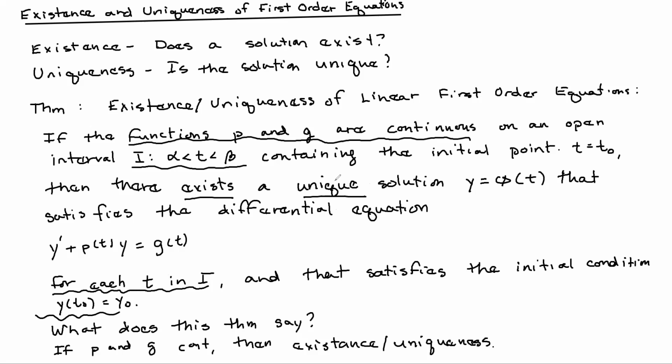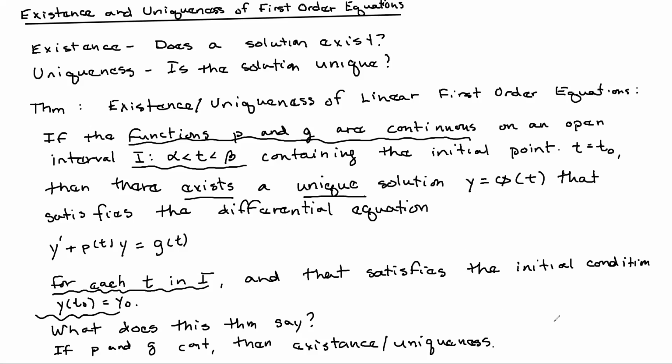As long as the initial point is inside of the interval, then at every point in the interval, there's guaranteed to be a unique solution. So not just one, but at every point. That's a stronger statement, as opposed to just saying that there exists a unique solution in the interval.